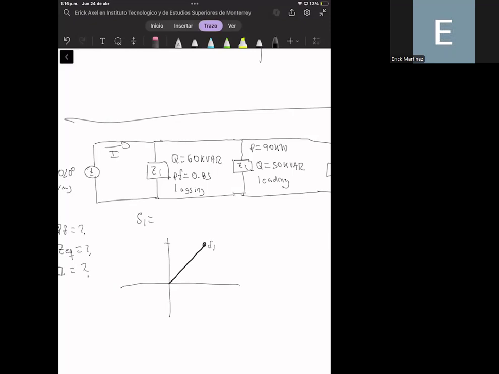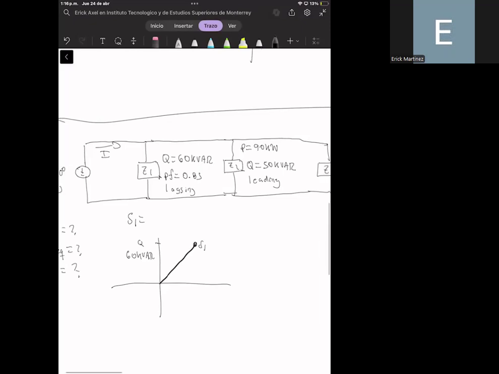Also we know that Q is equal to 60 kilovars. We can know the angle of this complex power if we compute the inverse cosine of 0.85. Okay, this is the angle of this complex power, but we don't know what is the real power.